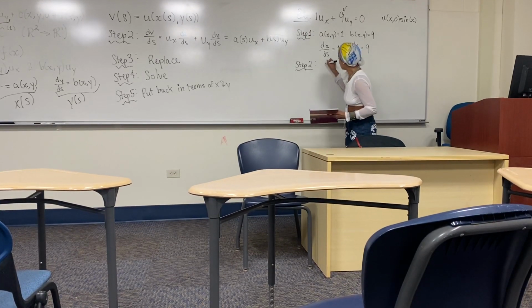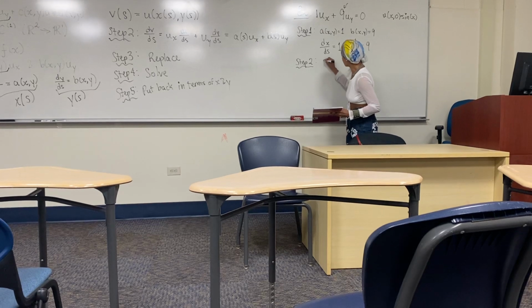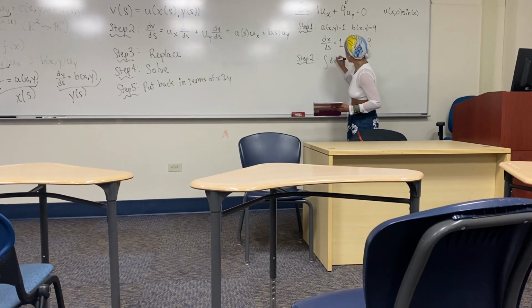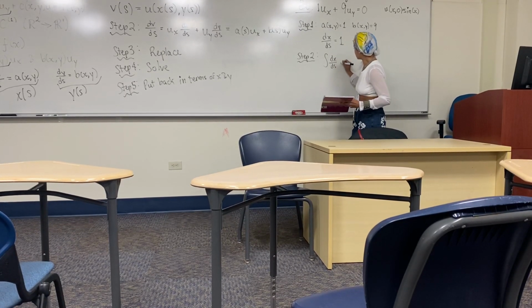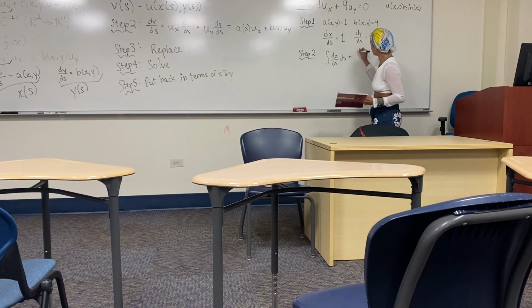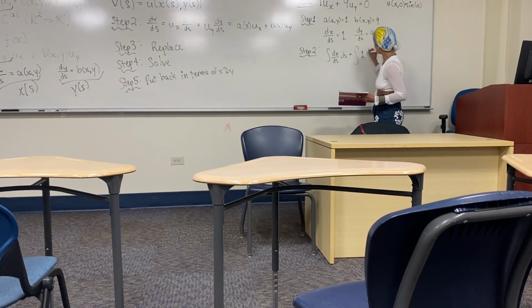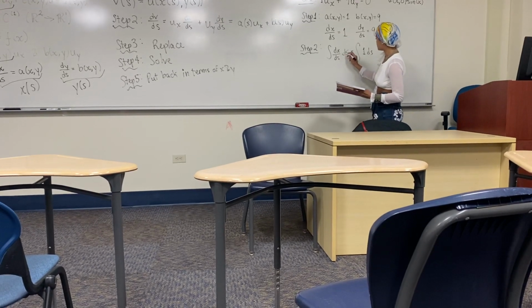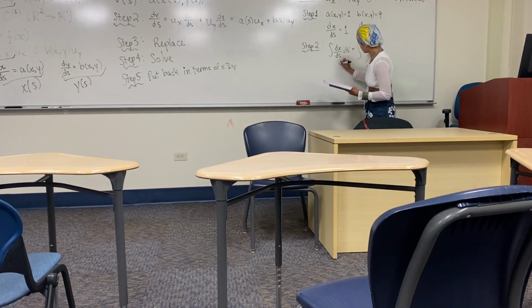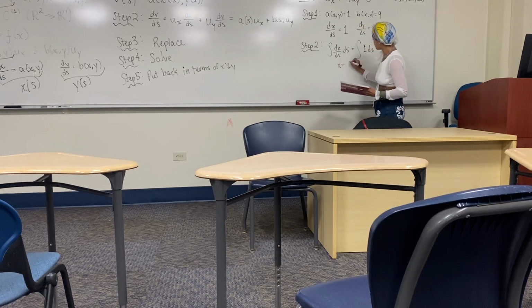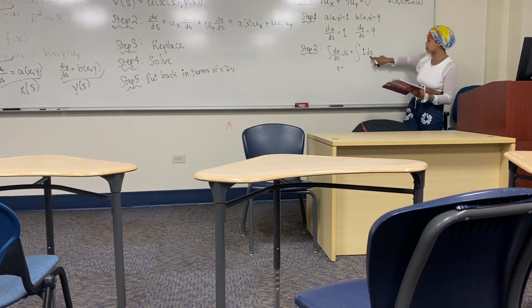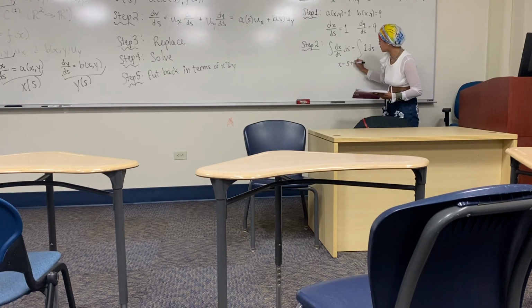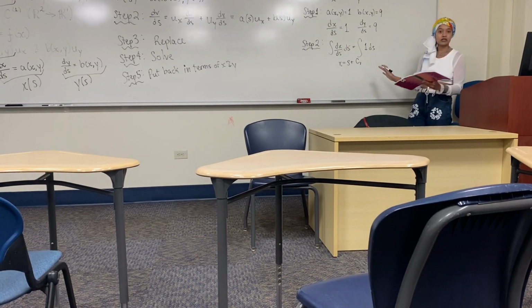So we're going to integrate 1 ds, these cancel, and then we just end up with x equals s, since we're integrating with respect to s, plus some constant, we'll call that c1 for now.